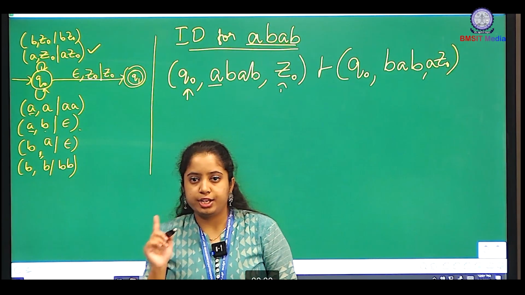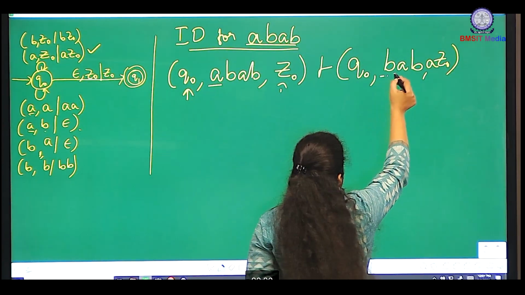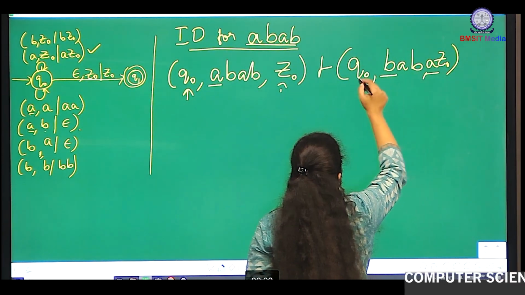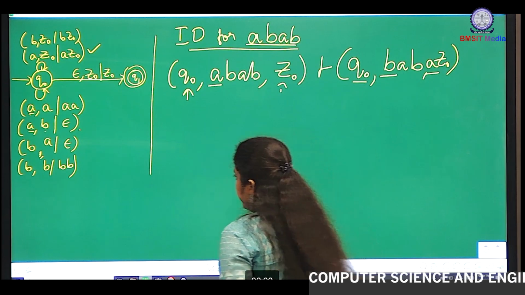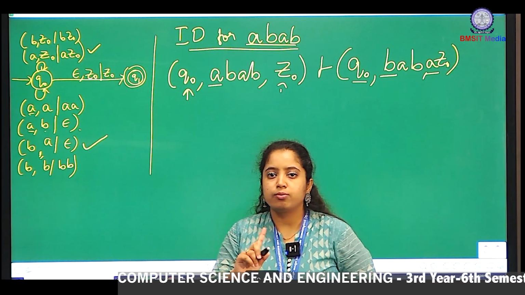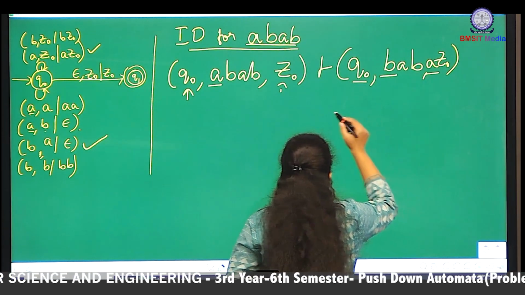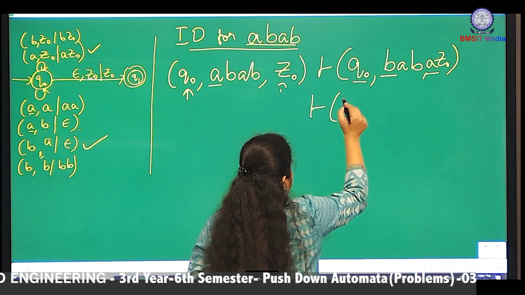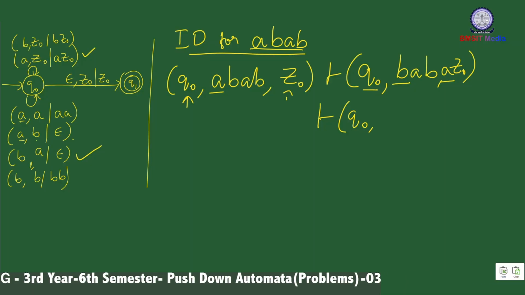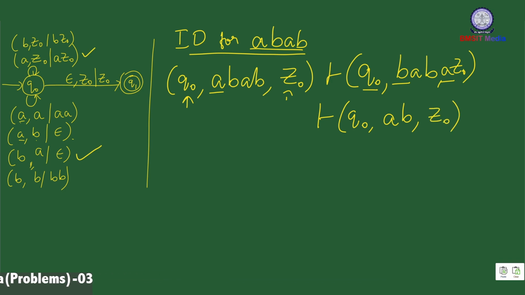So we'll push A to the stack. Next, B is the input symbol, A is on the stack, Q0 is the current state. You perform a pop operation because of the opposite symbols B and A. You stay in the same state Q0. The remaining string is AB and you pop it from the stack.